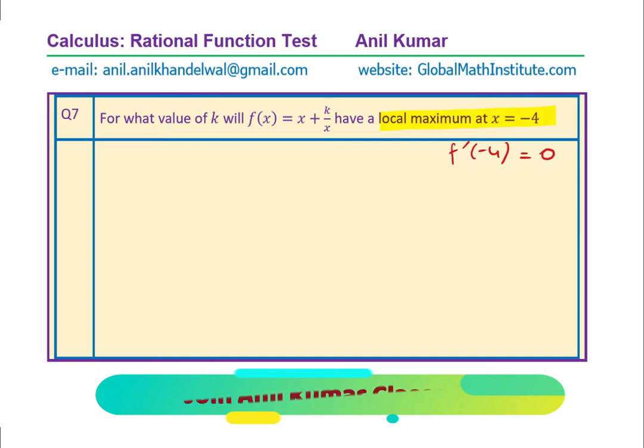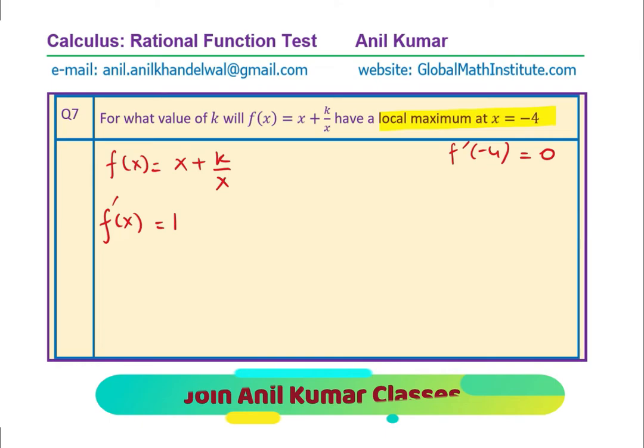So this is what it means. So we know the function, which is f of x equals x plus k over x. Let's find the derivative. So the derivative of this function will be 1, the derivative of x, and x to the power minus 1. That means negative k over x squared. So that becomes the derivative of this function.